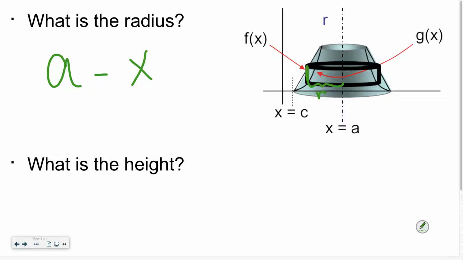Do you agree that any rectangle is x units away from the y-axis? That's what we called our radius when it was the y-axis. Well, now I want this distance right here. If each rectangle is x away from the y-axis, then we take whatever this is, a, and subtract out x to get that radius.